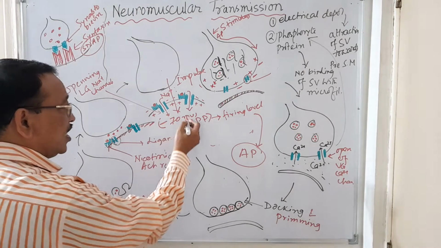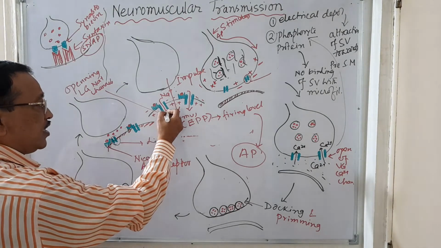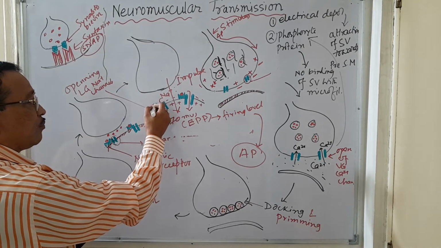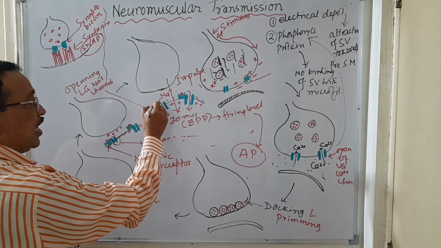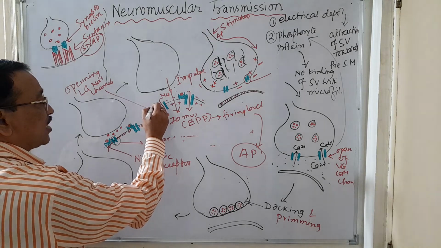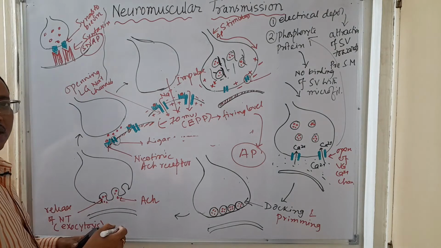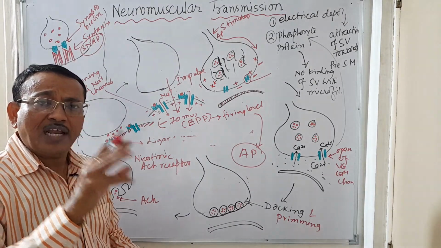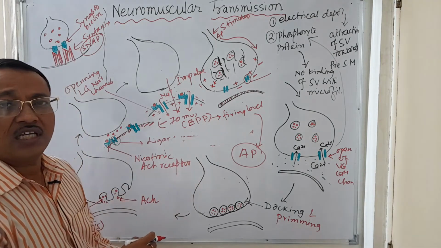As I told you, the EPP is developed because of sodium entry. Sodium entry is because of the binding of acetylcholine on the receptor, and this binding is due to the release of acetylcholine. That means the acetylcholine neurotransmitter has to be released to produce the end plate potential.